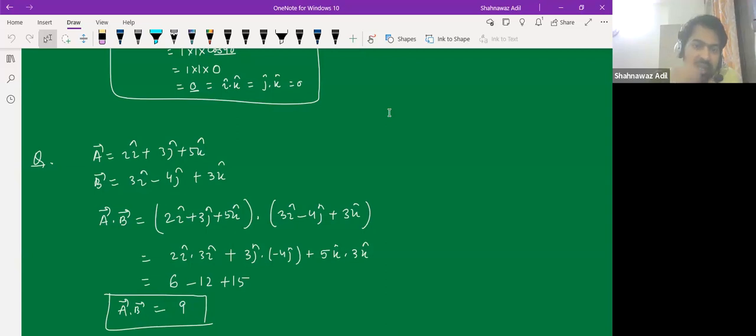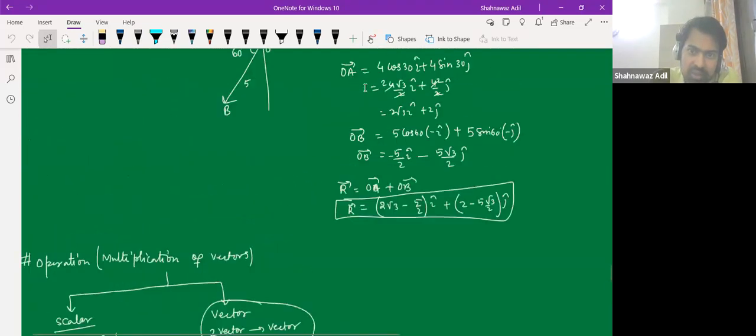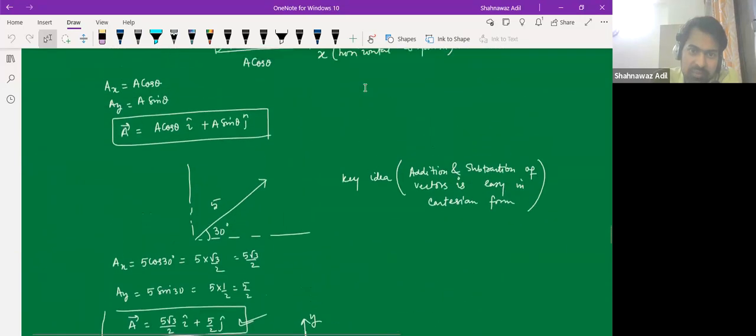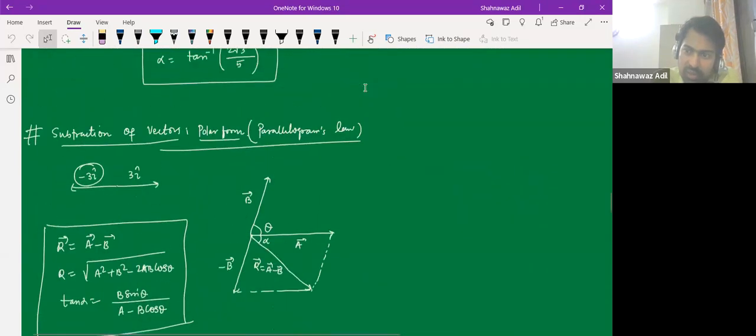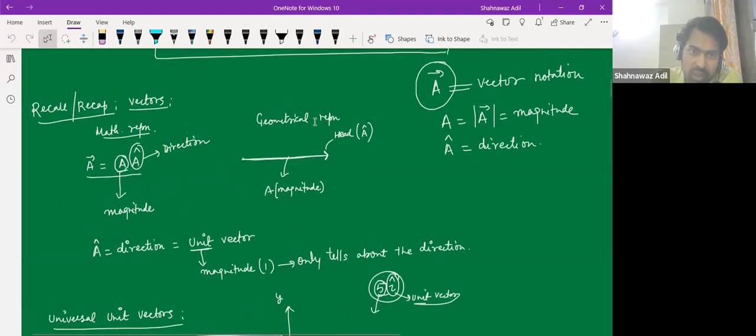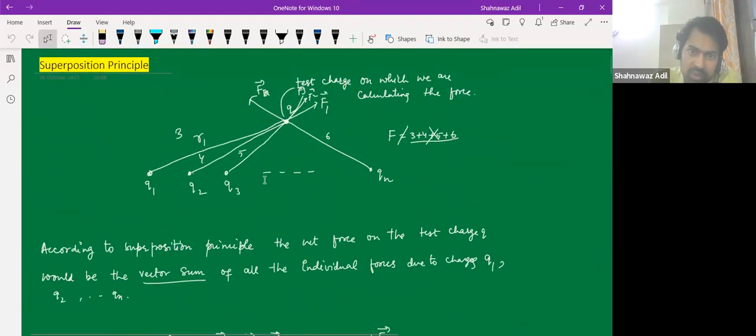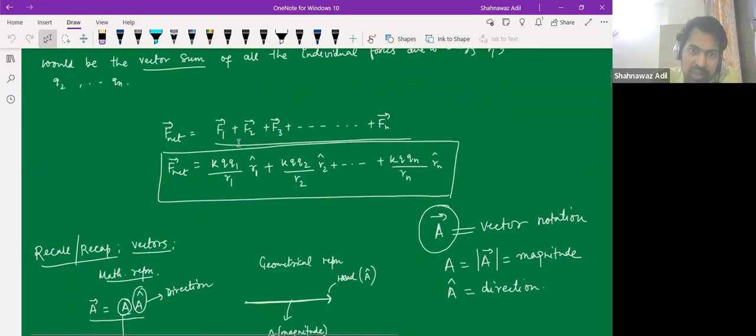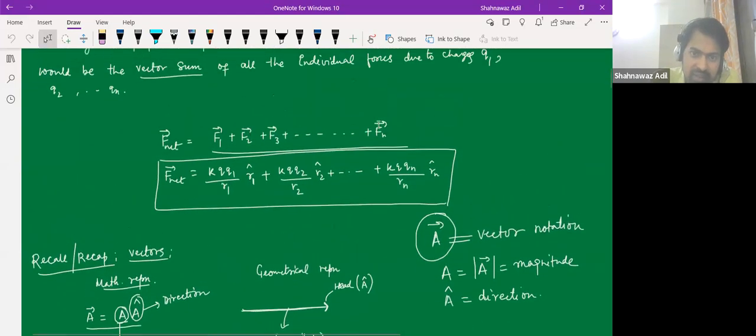The superposition principle says that the force on a test charge would be the vector sum of all those individual forces. That was the superposition principle, and we saw that the net force is just the vector sum of all the individual forces.